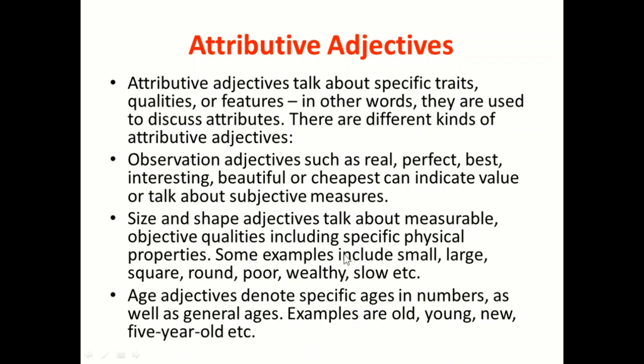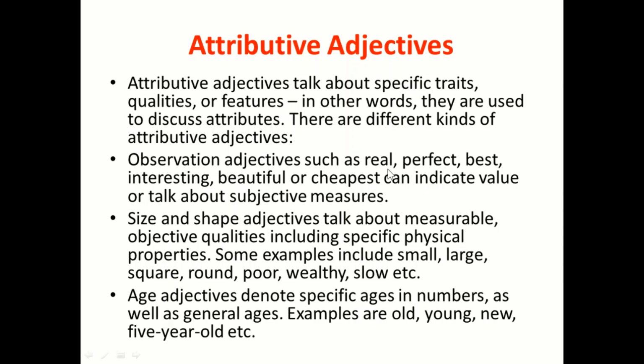Then we have attributive adjectives. Attributive adjectives talk about specific traits, qualities, or features, like where they belong to, their qualities, features, how they look. In other words, they are used to discuss attributes. There are different kinds of attributive adjectives, and there are several of them.